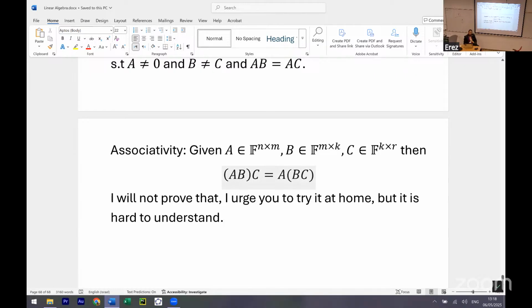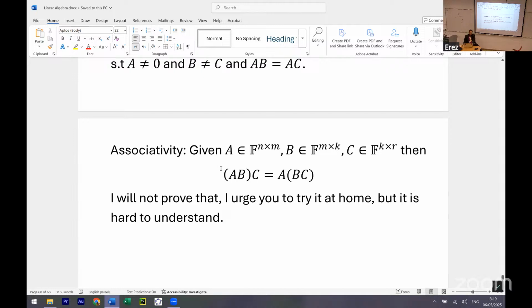The problem is all the indexes and sums. It's one of the reasons that I'm skipping it, because in general, I teach you the linear algebra course for mathematicians. However, their course is 4 hours of lectures and yours is 3. So something has got to give, right? These are the kind of things that I think are less important for you and I'm willing to skip, because they are not actually linear algebra, but something a bit else. But I think you need to try to do it and see why it is complicated.